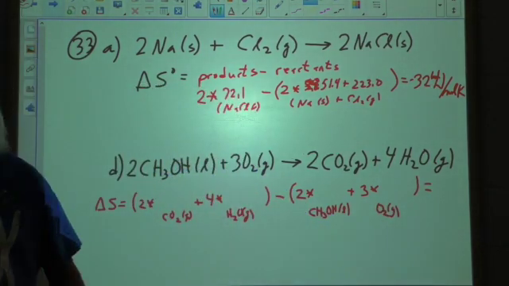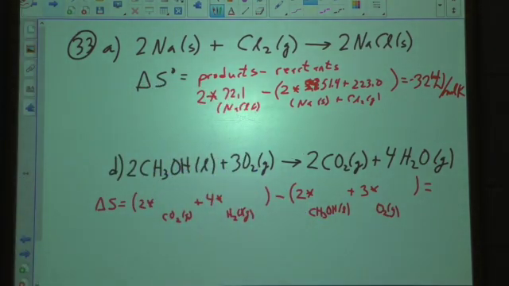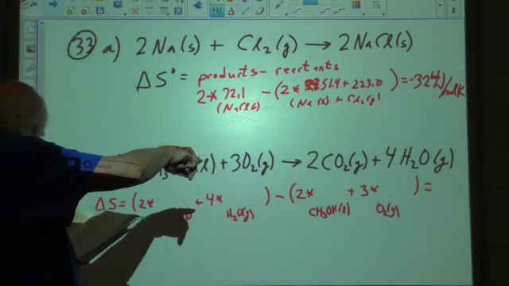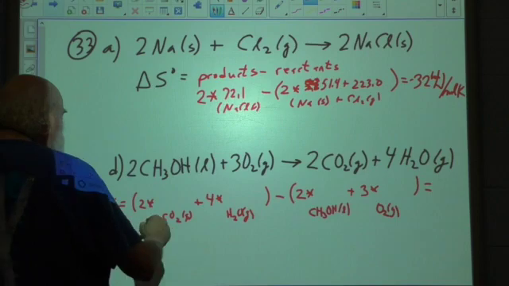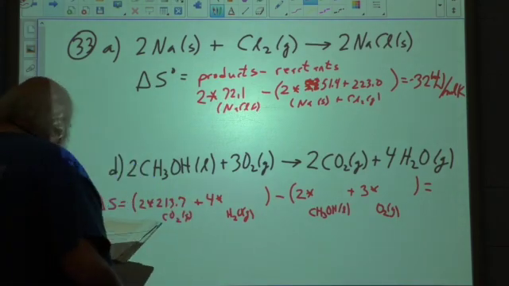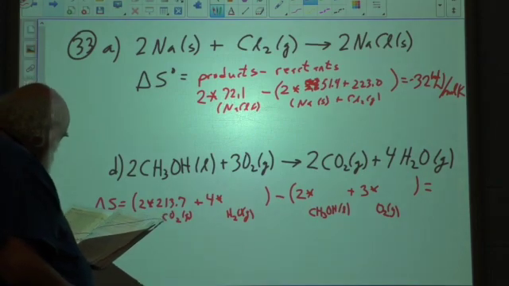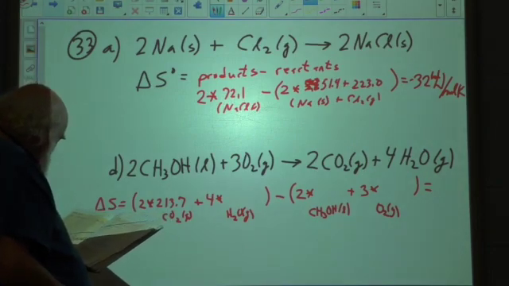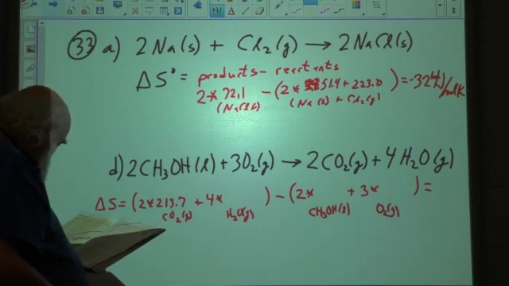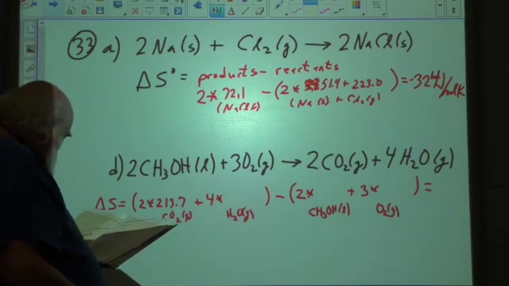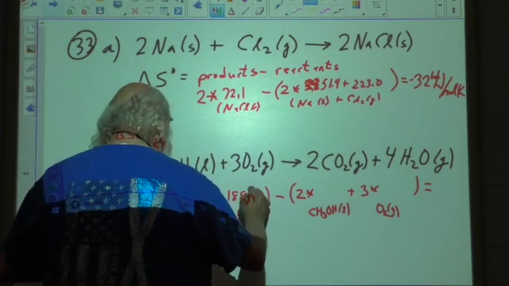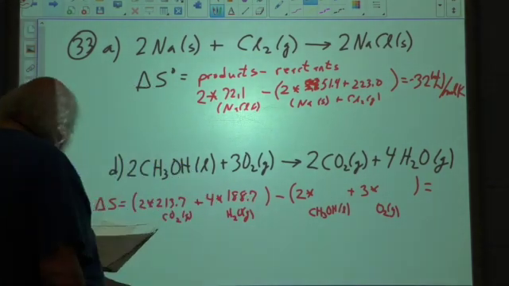All right, so we go back to that chart on page 812, find the CO2. CO2 gas is 213.7. H2O gas, also known as steam, is 188.7. 2 times the methanol.